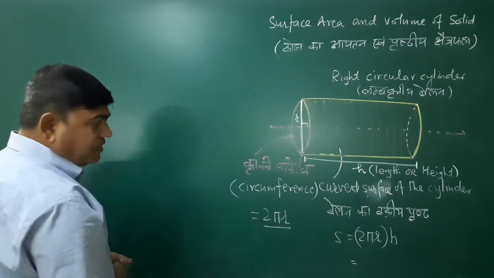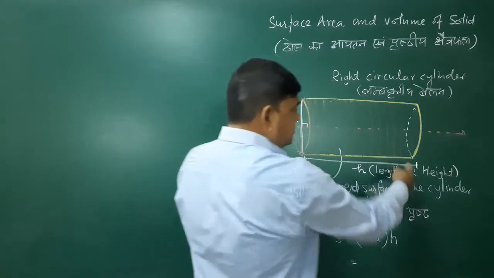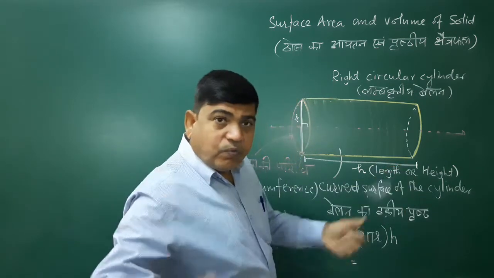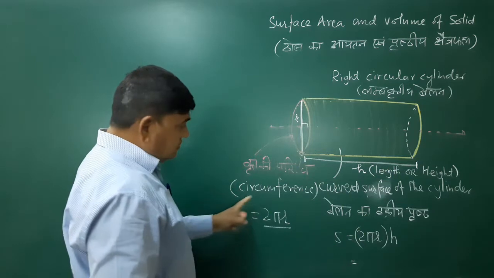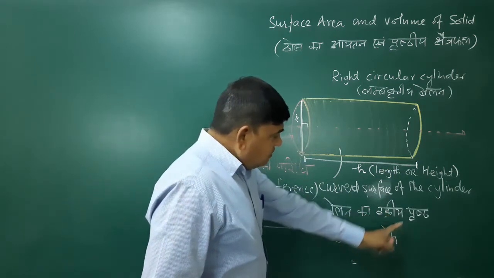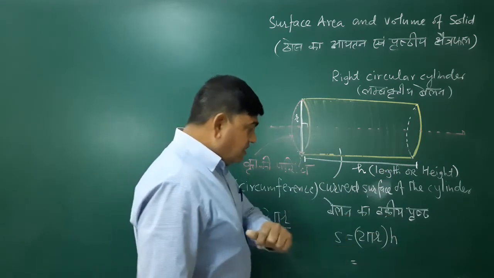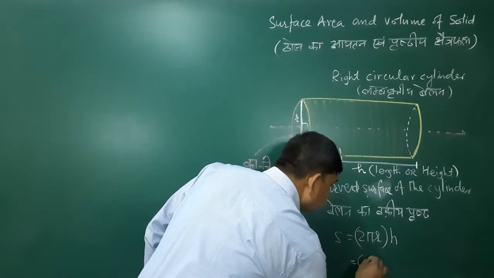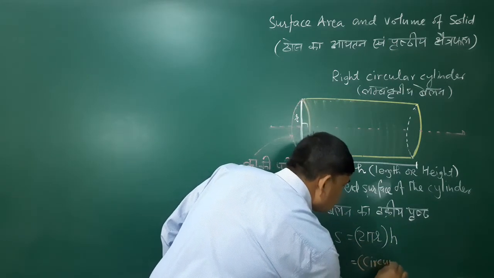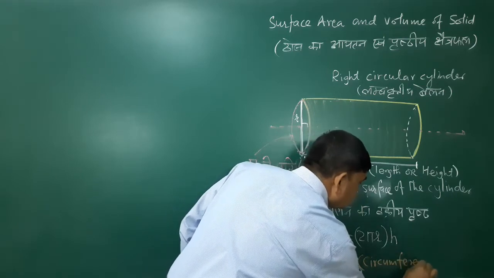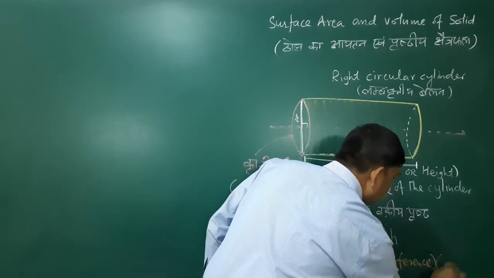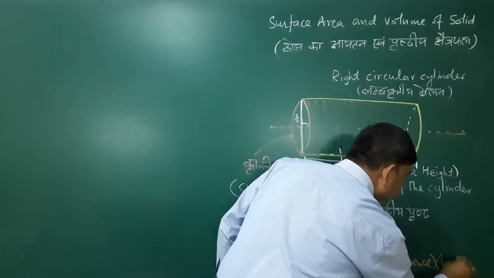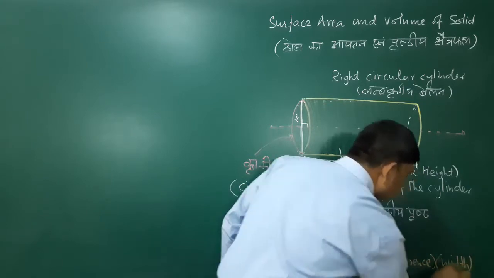So this is 2 pi r, h, that is the height or width. Then the curved part of the cylinder is given by 2 pi r into h. That means circumference into width or height.